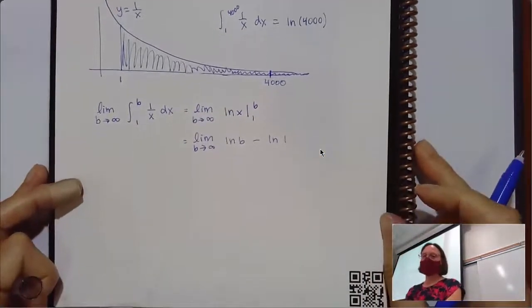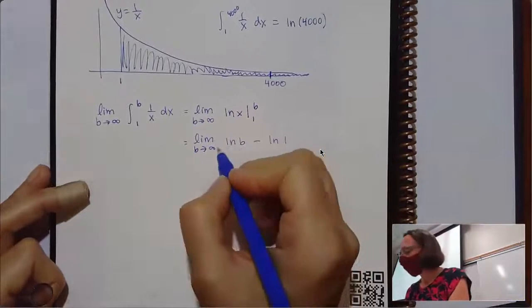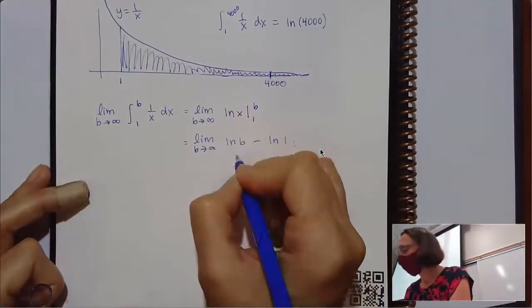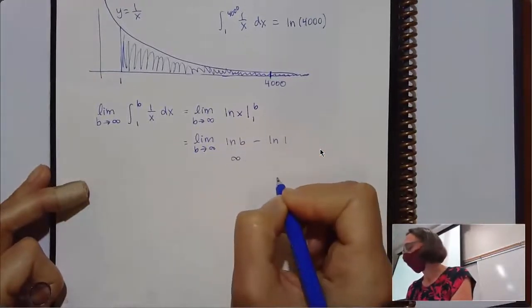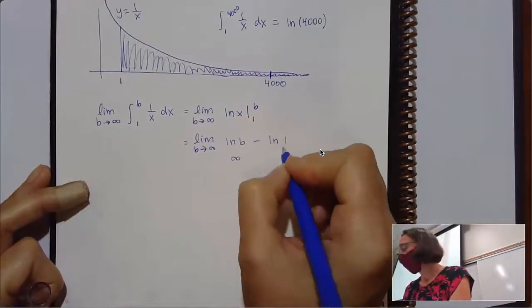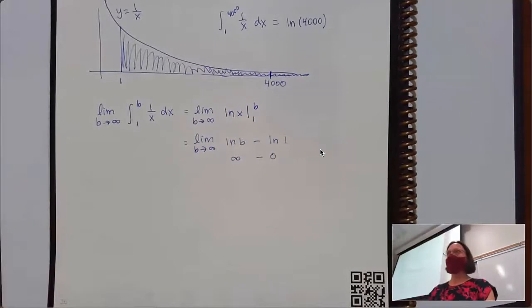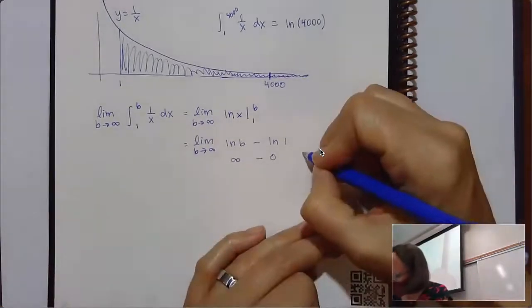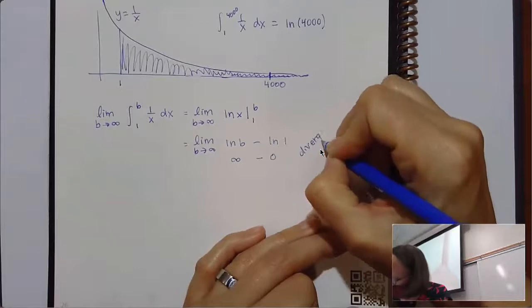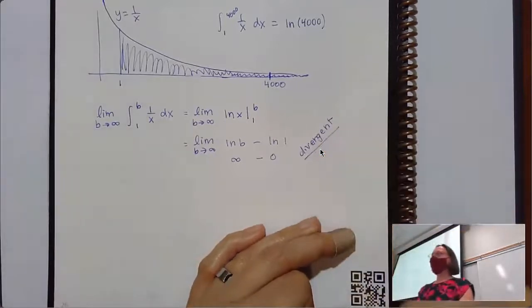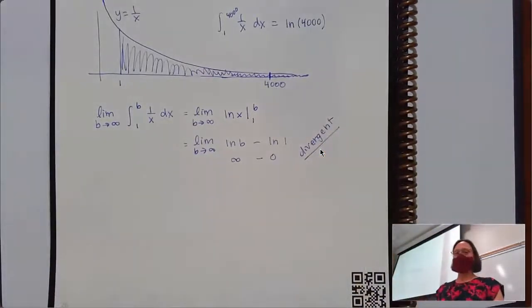And then we're going to say, okay, the natural log of infinity goes to infinity. ln of 1 is still 0. Yeah, it is divergent. To throw some more vocabulary in the mix, it is indeed divergent.